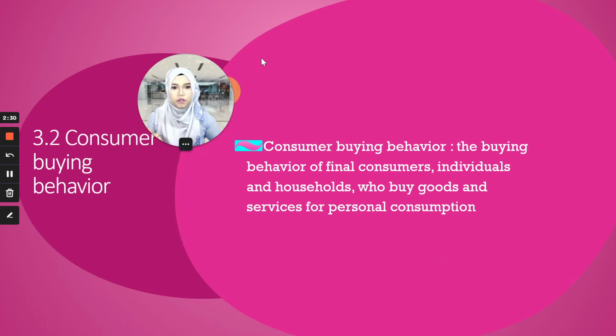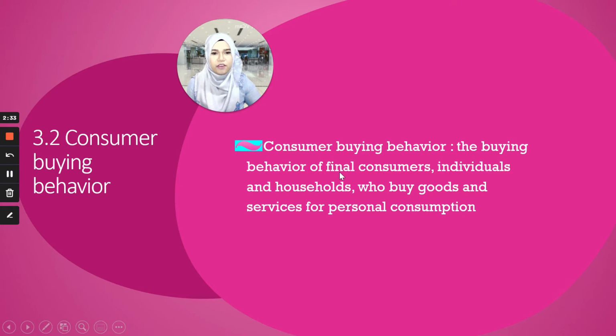So let's look at what consumer buying behavior actually is. Consumer buying behavior is the buying behavior of final consumers. That means the individuals and households who buy goods and services for their personal consumption or household consumption.